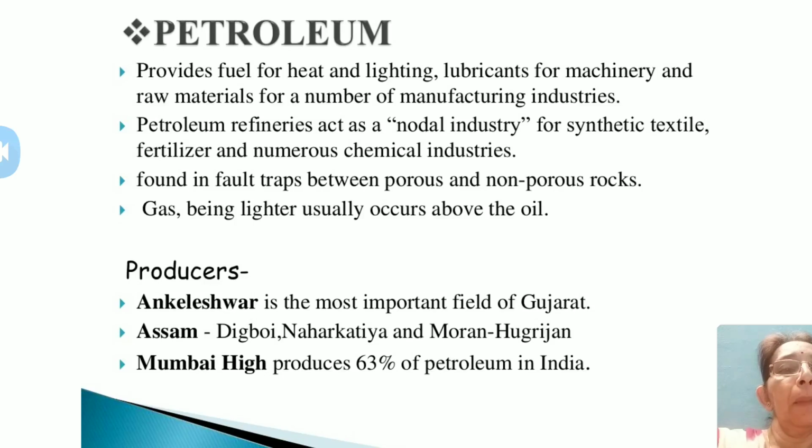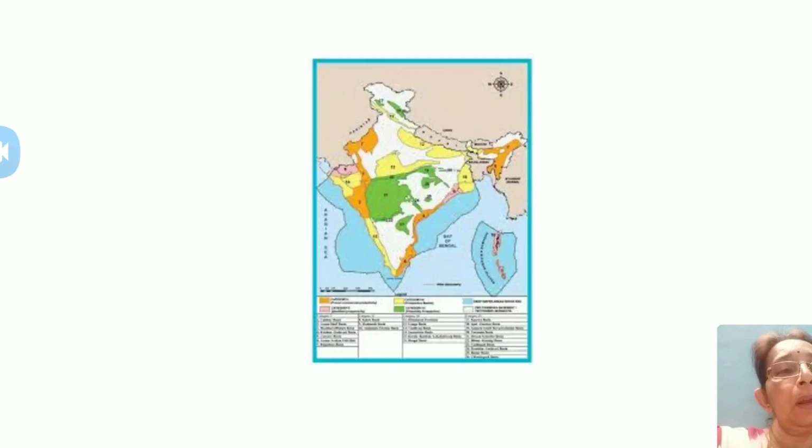The main producers of petroleum are Ankleshwar, an important field of Gujarat, Assam, that is Digboi, Naharkatia and Moran-Hugrijan, and Mumbai High, where we get 63% of petroleum in India. These are the major oil belts of petroleum in India.